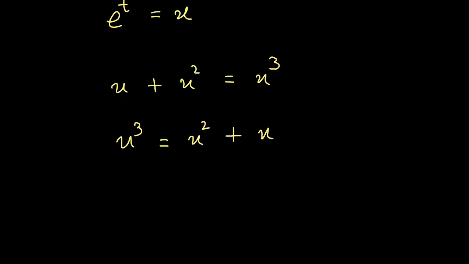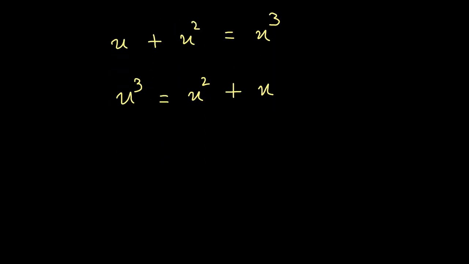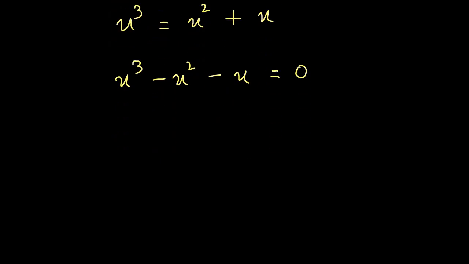We can take everything on the left side and write x cube minus x square minus x equals 0. We can take x as a common term. We can write x times (x square minus x minus 1) equals 0.